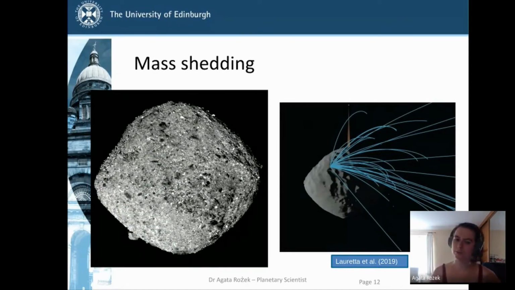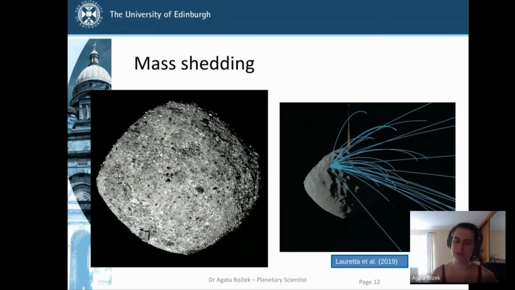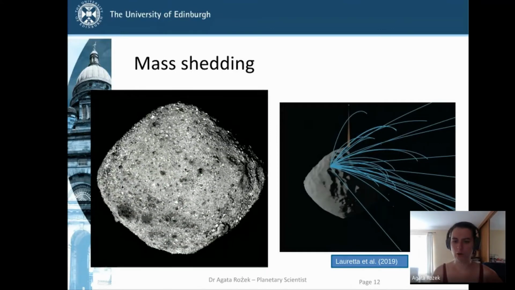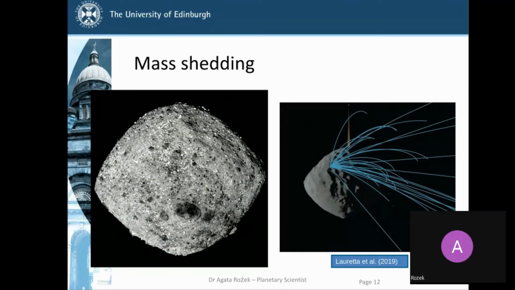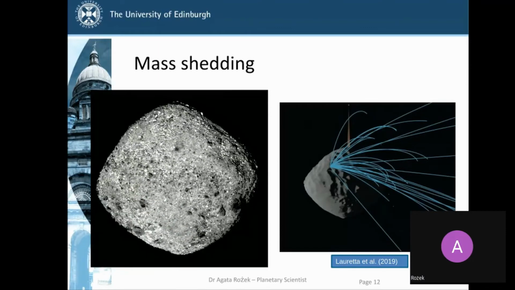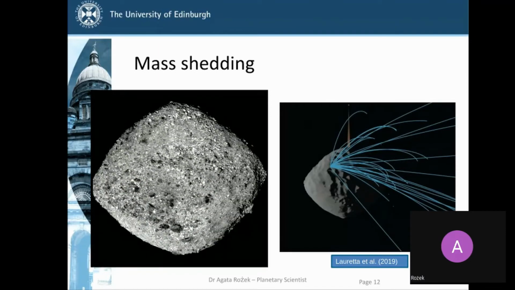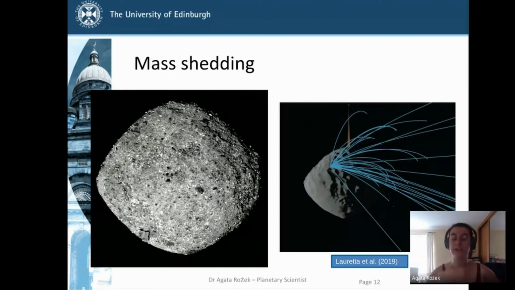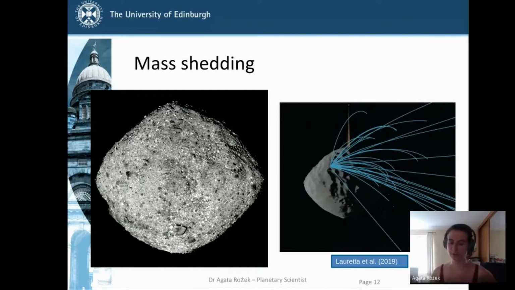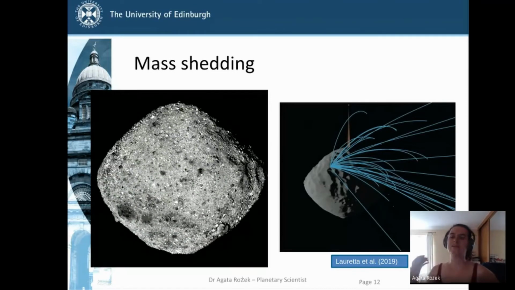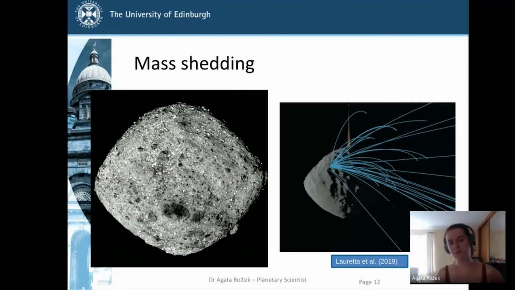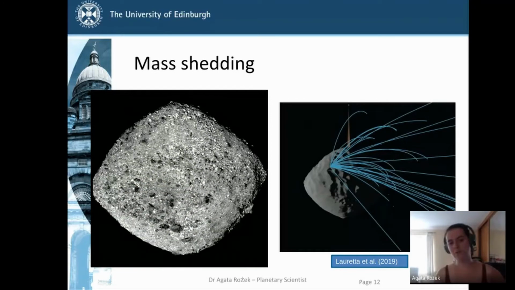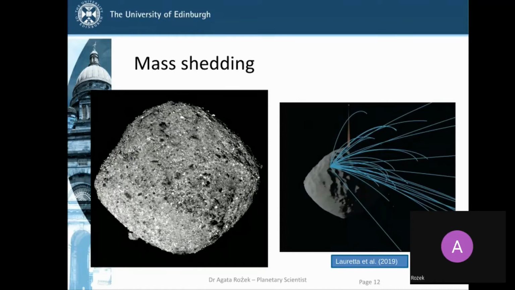There might be some other forces, maybe just solar radiation, lifting rocks off the surface or things like this. But in many cases, we can see that the asteroid is spun up to the point where the rotation actually does lift the material off the surface. And we can see evidence of that because a lot of those asteroids that are shaped like this have little moons orbiting around them.